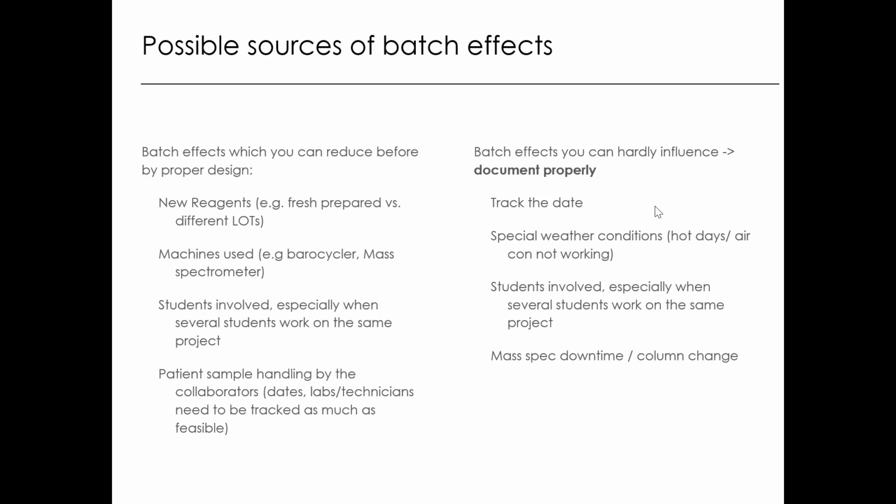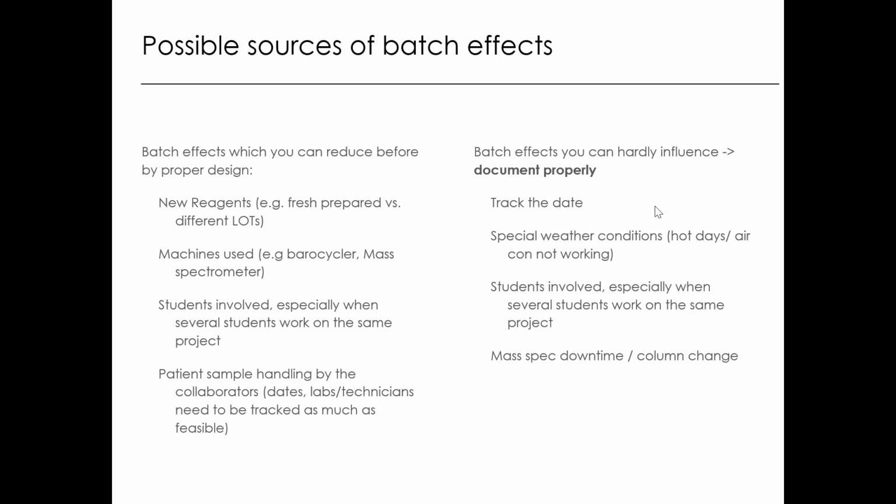So now, what are possible batch effects? There are too many to even think of. This is just a short list. It could be that the mass spectrometer gets cleaned between runs. It could be that a student goes on vacation and someone else continues with the experiment. It could be that a lot of a reagent runs out in the lab and we order a new lot. I mean, these batch effects are inevitable. They are simply not avoidable.